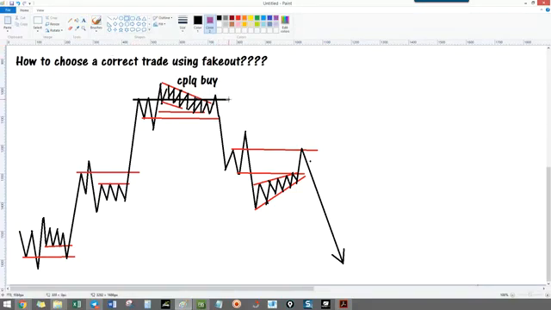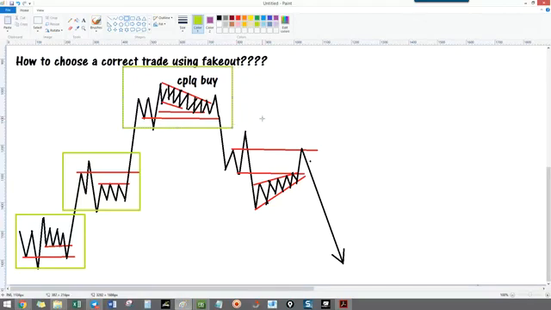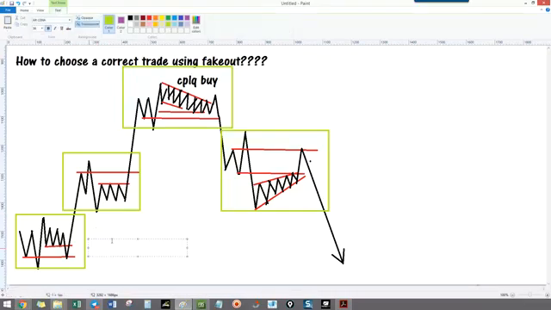Okay, so actually it is taking this thing. This is the first phase, this is the second phase, this is the third phase, this is the second phase for distribution. Okay, this is accumulation.